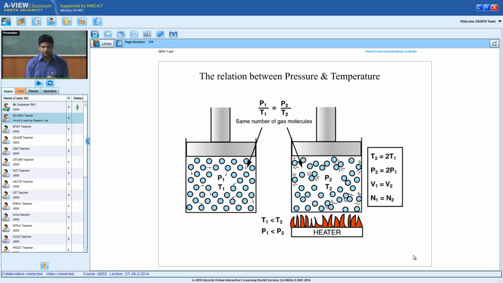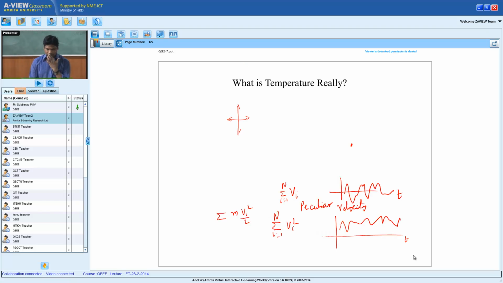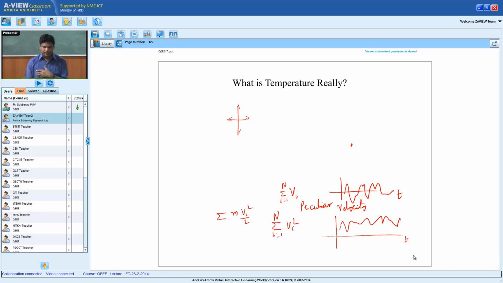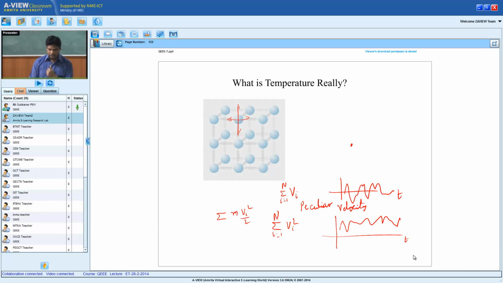Now, you need to understand why the temperature changes whenever I heat it. Because temperature is such a sensitive quantity which varies a lot. Now you see this particular one, whether it is a solid or a gas, maybe liquid in between.